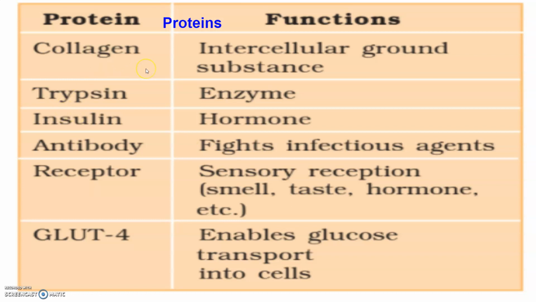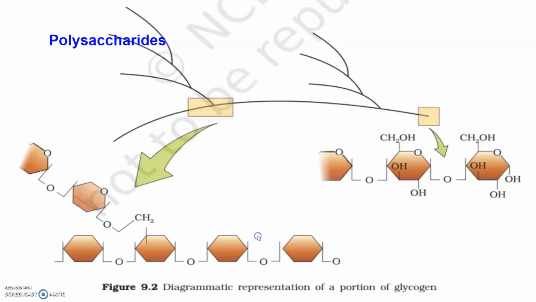Collagen is the most abundant protein in the animal world, and ribulose bisphosphate carboxylase oxygenase, also called rubisco, is the most abundant protein in the whole of the biosphere. So you have to remember rubisco, which is present in plants. It is a protein, and it is the most abundant protein in the biosphere. Apart from this, various other types of proteins and their functions are mentioned here.